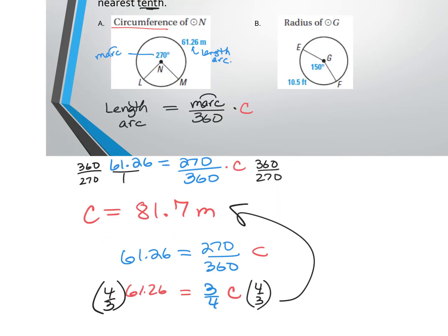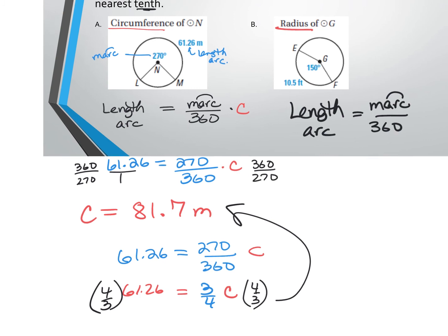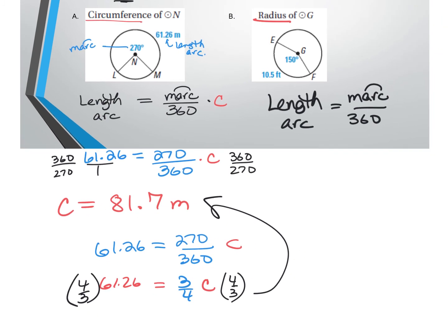So for the next one, to find the radius, again, I'm doing length of the arc is equal to measure of the arc divided by 360. But now the form of circumference that I'm going to use is 2 pi r because I need to find a radius. So now I'm going to fill in what's given to me.